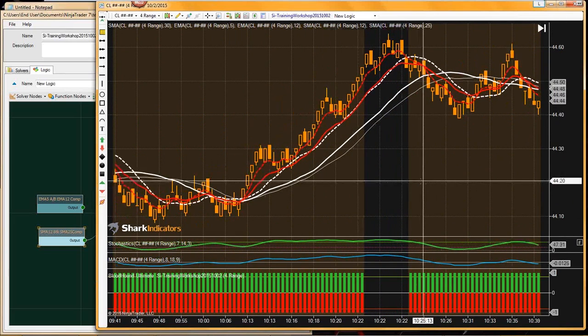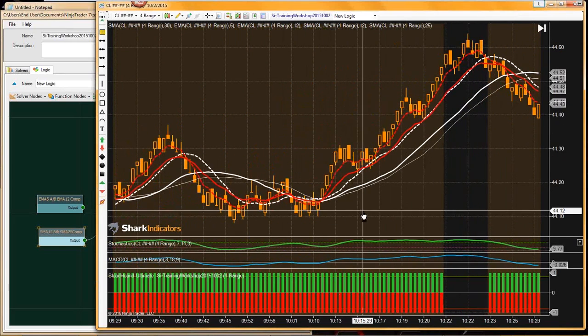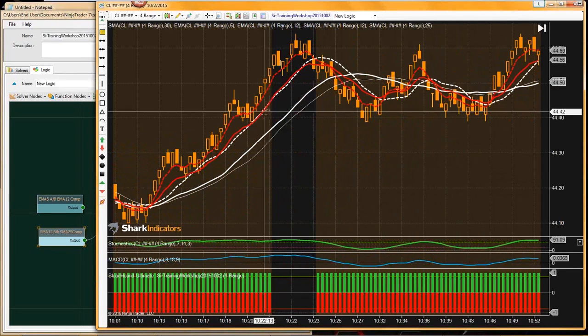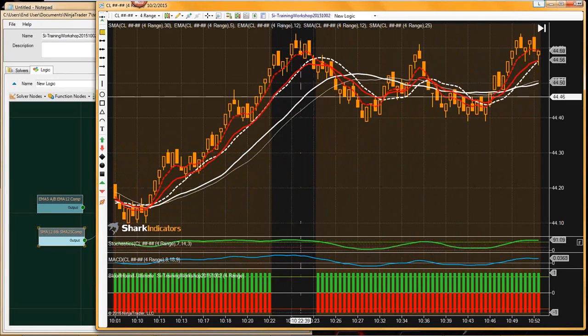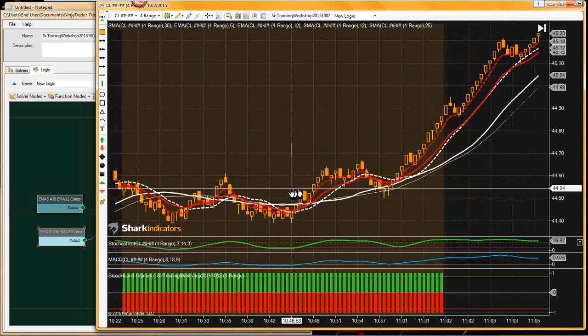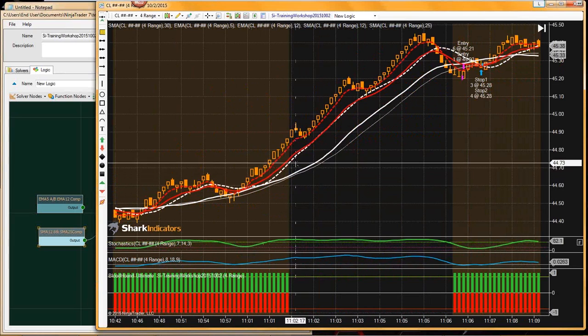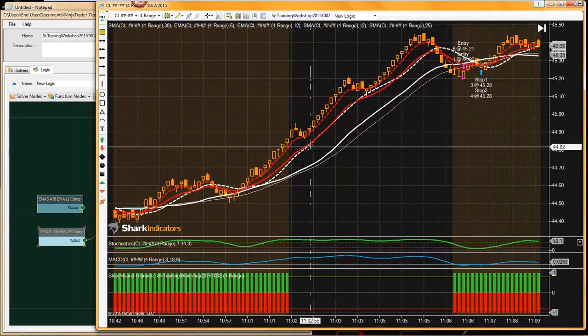Okay. So it looks like whenever we get into a strong trend, that's when our moving averages begin to pull apart from each other. We had this nice, long, strong uptrend, and those two moving averages pulled apart from each other.